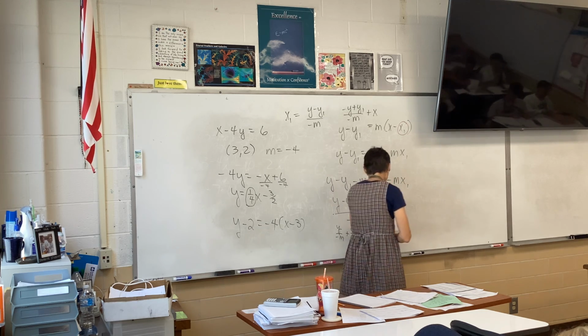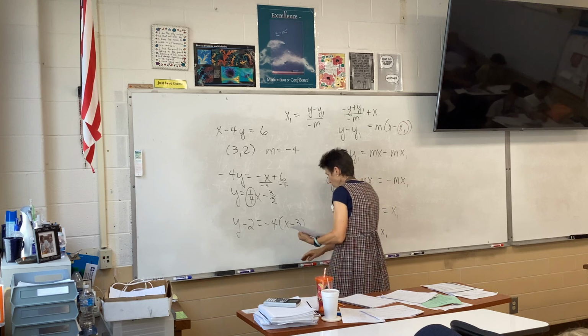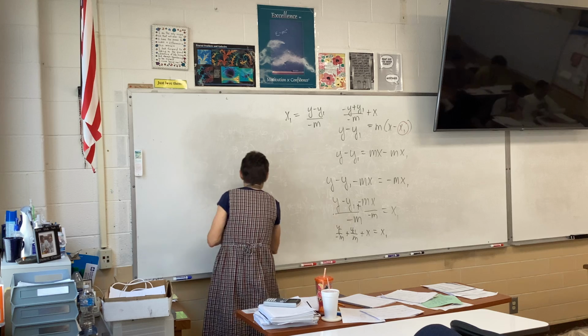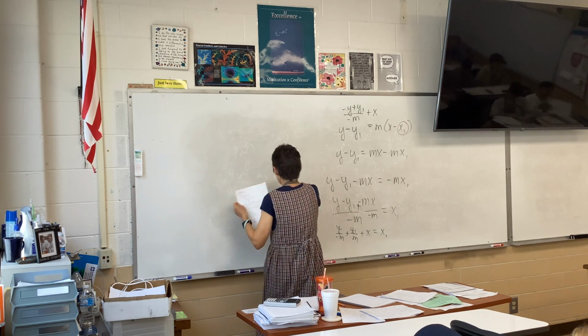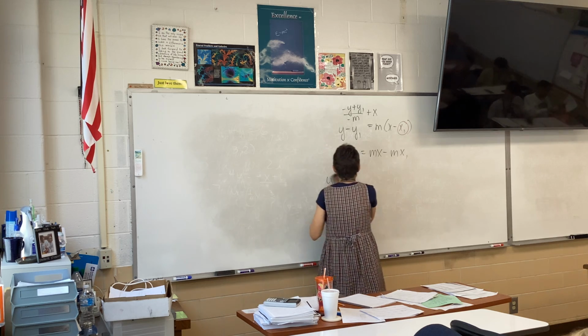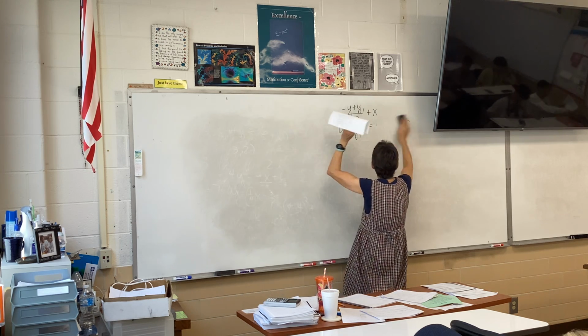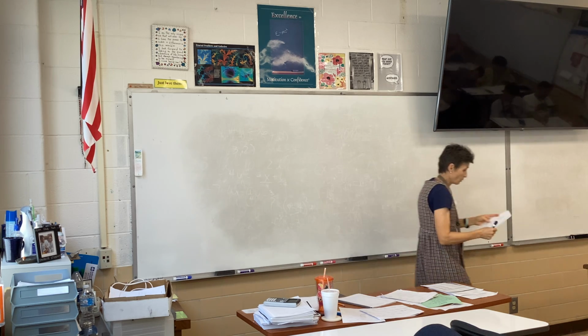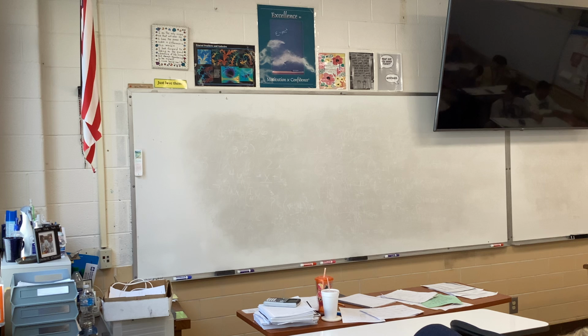Just based on a couple of questions that were asked earlier, let's make sure we can do a couple of these. I am going to just pick and choose. All of this is potential test stuff, so we need to be able to do all of it. But I'm going to start with number 4B, because we had a circle question earlier, and I want to make sure we've got that solidified.